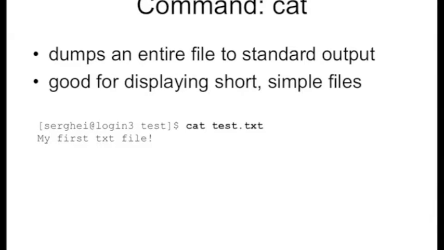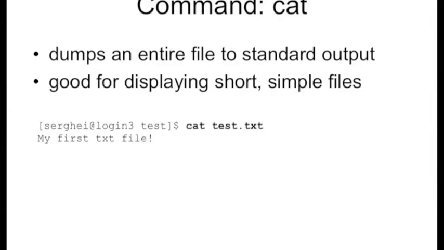So the cat, again, dumps the entire file on the standard output. In our case this is the screen. You just do cat and the name of the file, and you will see the whole file on your screen.